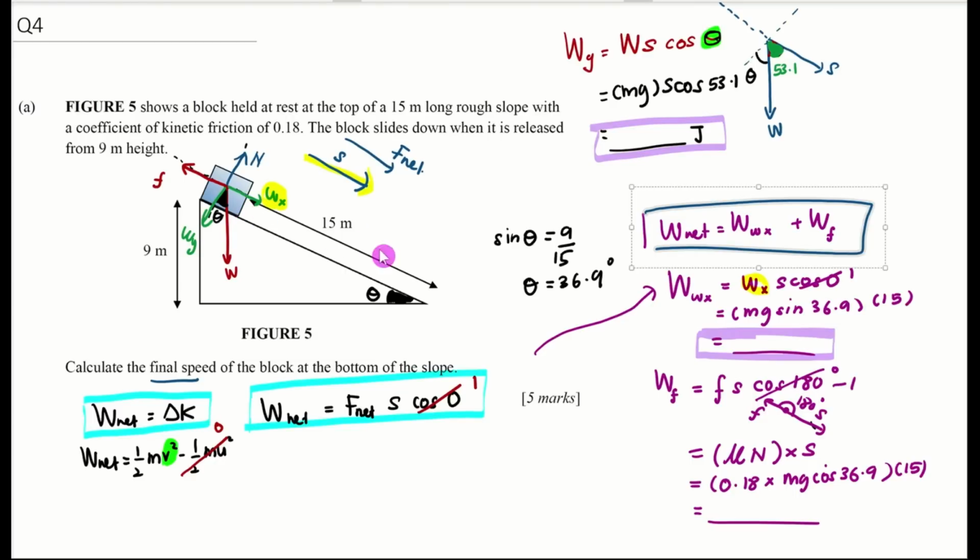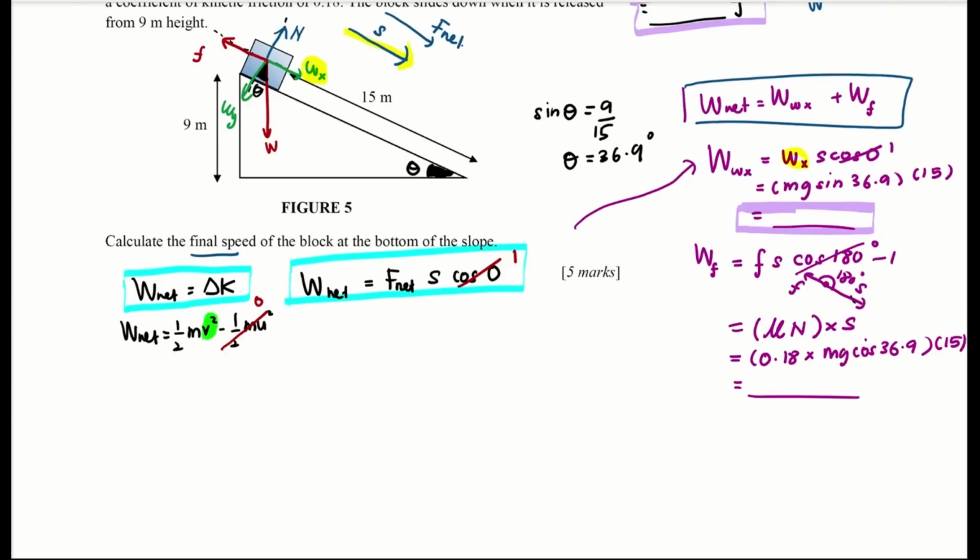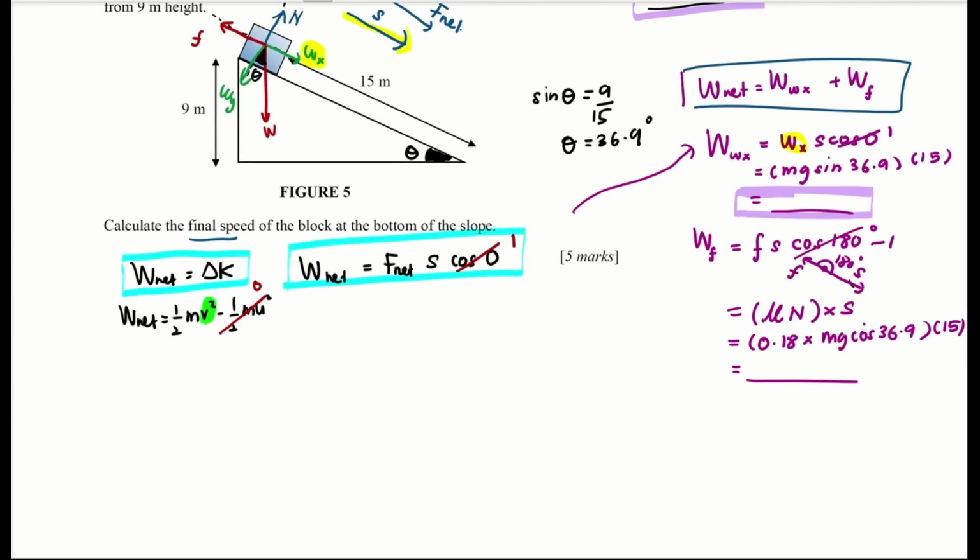Okay, maknanya dia turun ke bawah. So, net force is equal to WX plus negative friction. Okay, so saya buat kat bawah tak muat ni. So, dia akan jadi, sekejap saya tulis kat bawah ni. So, W net, dia akan jadi F net, which is WX plus negative friction times S.